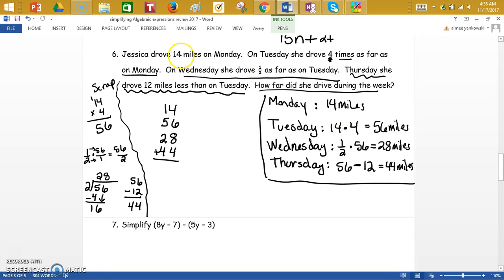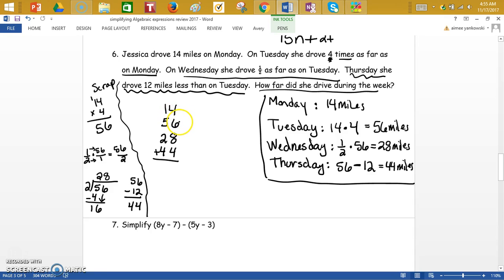You still have to know half as far as you drove on Tuesday. You still have to know how to take half of 56. And you still have to know for 12 miles less that meant 56 minus 12. So even if calculators are used, you have to be able to decode these word problems.